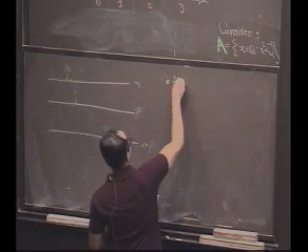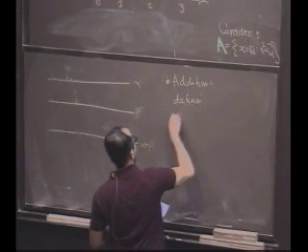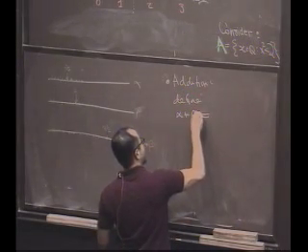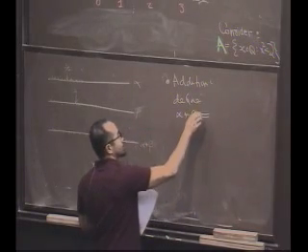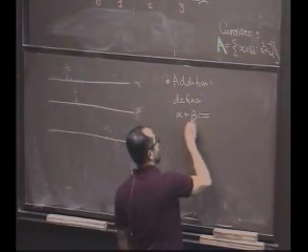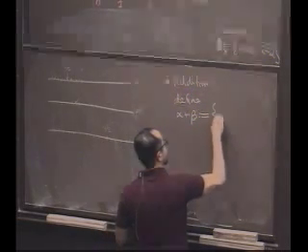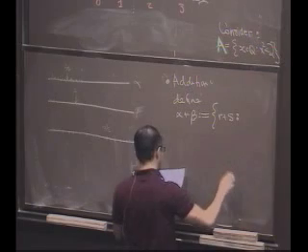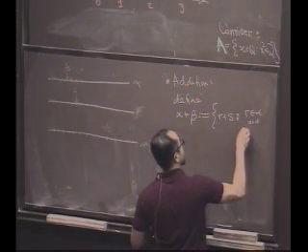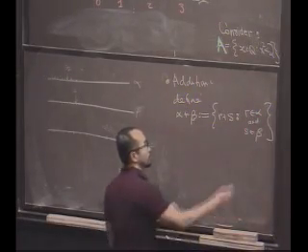So addition. Let's define alpha plus beta to be, sometimes we write colon equals. It means define, it's a definition equal. You do this in computer science, perhaps. To be the set of all r plus s, such that r is in alpha and s is in beta.